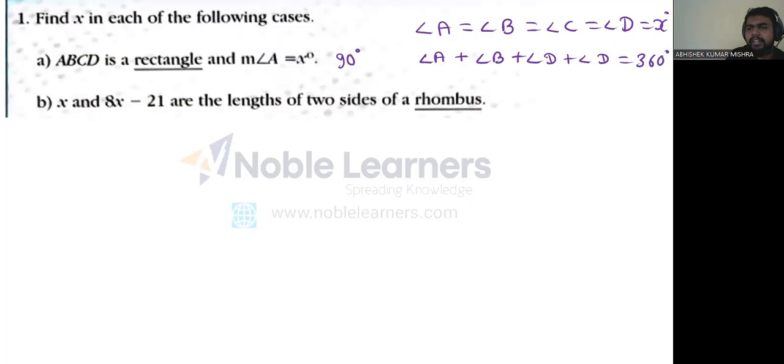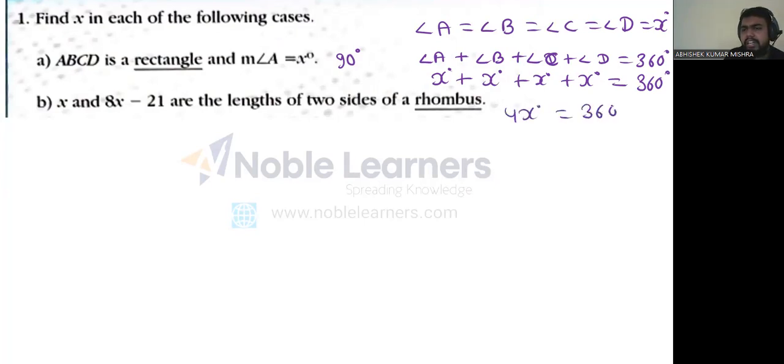Sorry, I have written angle D there, it should be angle C. I know all the angles are equal and I assume each is x degrees. So x plus x plus x plus x will make 4x is equal to 360 degrees. Now let us solve for x. So x is equal to 360 degrees upon 4. My answer would be 90 degrees, and that is why my answer is 90 degrees there.